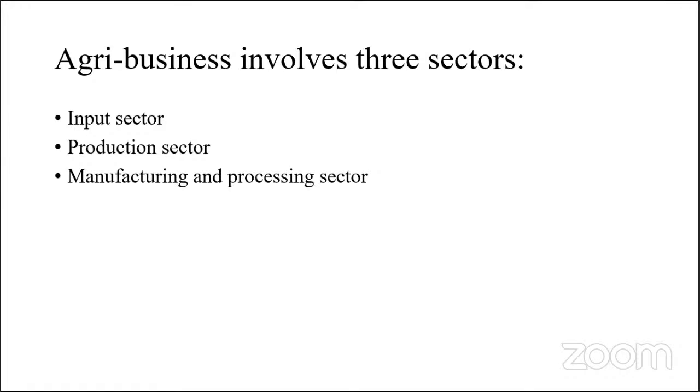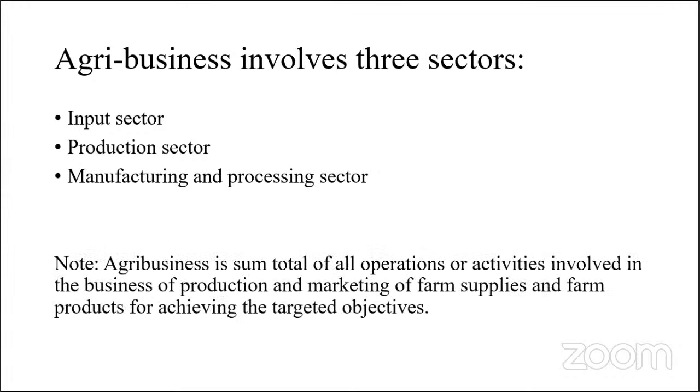So agribusiness is a holistic way. It is making use of the input sector and input material. By means of this input material, a product has to be delivered. For getting that product, processing, manufacturing and storage facilities all have to be involved on one platform. That is nothing but agribusiness with respect to these three sectors. As a whole, we can say that agribusiness is the sum total of all the operations involved in the business of production as well as marketing, for reaching the products to the targeted objectives.